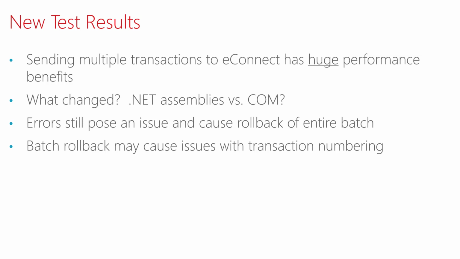And the accounting folks and the auditors may not be thrilled that you're burning journal entry numbers and have these huge gaps of consecutive journal entry numbers in your GL. So that's a consideration as well. You can definitely work through it by storing that information in a staging table or in some other method, but something to consider if you are submitting multiple transactions.